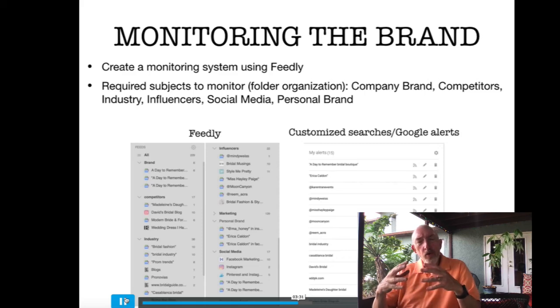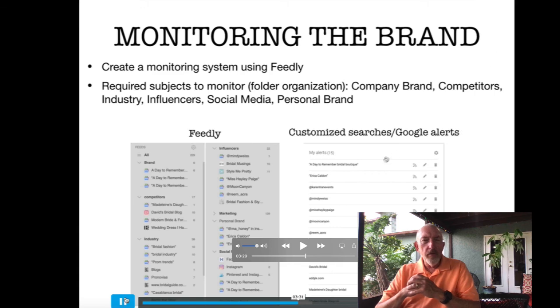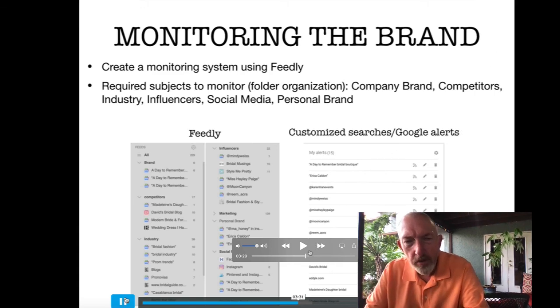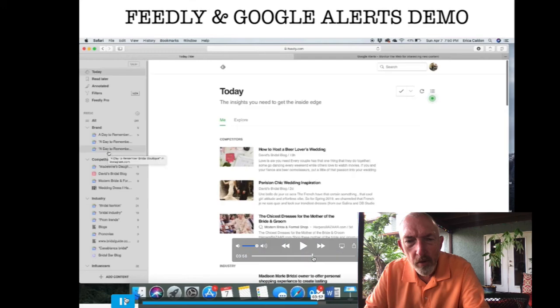It's about how you create folders and how you have stuff being put into those folders with some level of automation, so that you're not having to do a long tail keyword search every single day in order to monitor your brand. So this person used Feedly and Google Alerts.